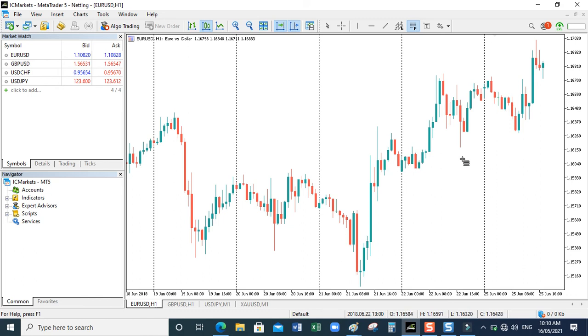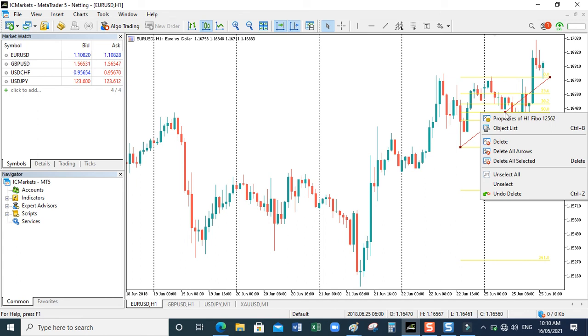For example, if you take the Fibonacci level of this place now, you see this is the default. It comes in default. Let's change the color. You right click on top of the three dots. It gives you the properties of Fibonacci.